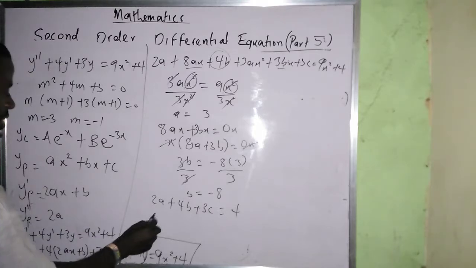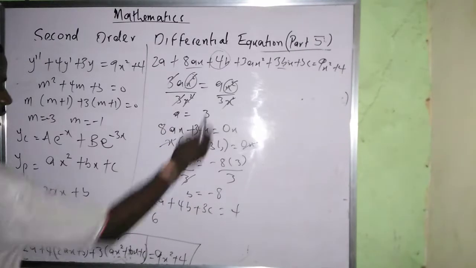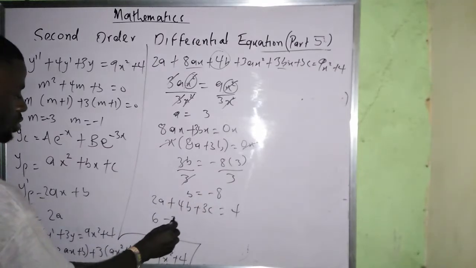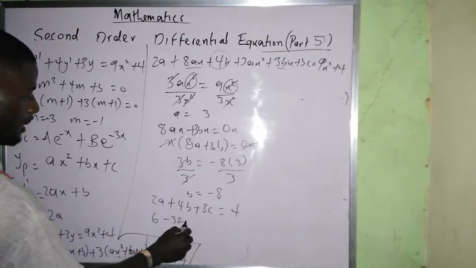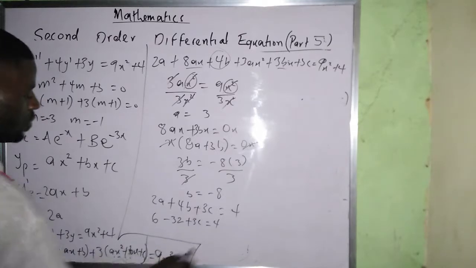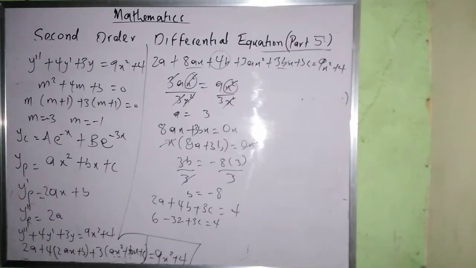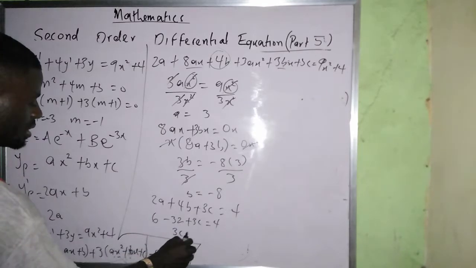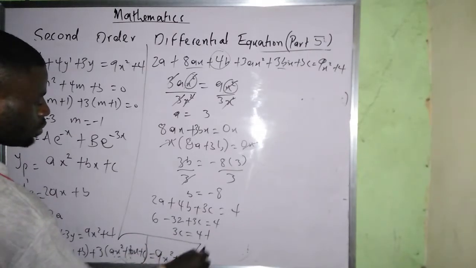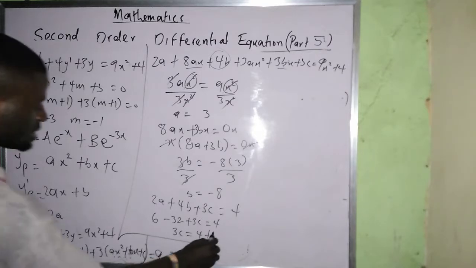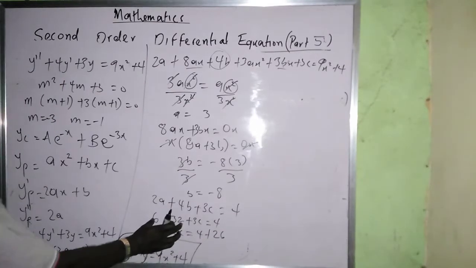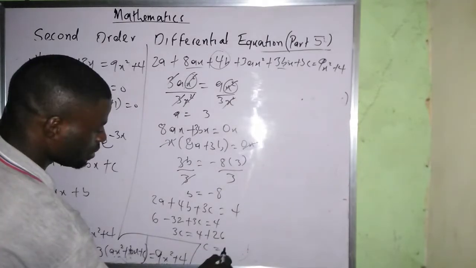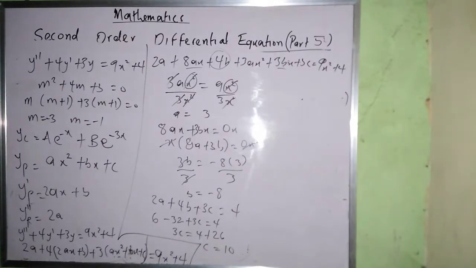Now this one will be 6, since a is 3, and 4b is minus 32. So 6 minus 32 plus 3c equals 4. This one will be minus 26. Now 3c equals 4 plus 26, which is going to be 30. My c equals 10.